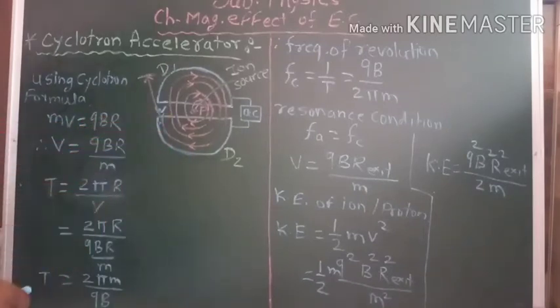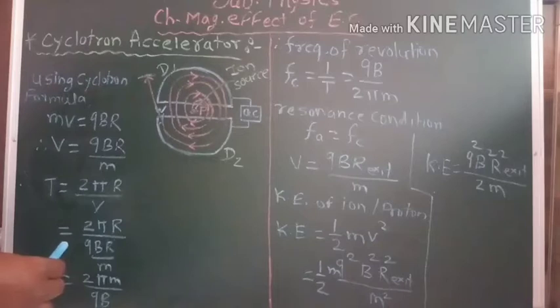Both are called Ds because they have the shape of the capital letter D. Then the electric field and magnetic field are applied perpendicular to each other by an alternating voltage of about 10,000 volts at a high frequency of up to 10 megahertz.